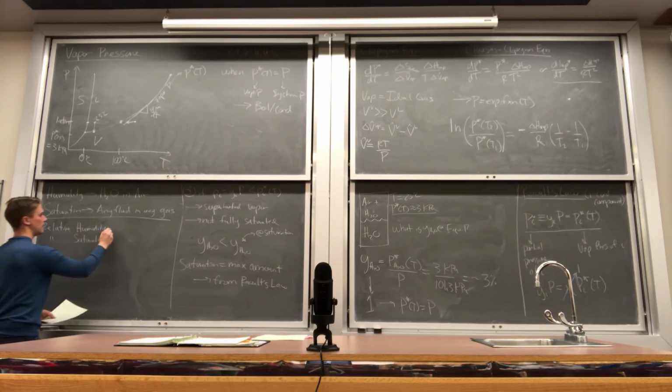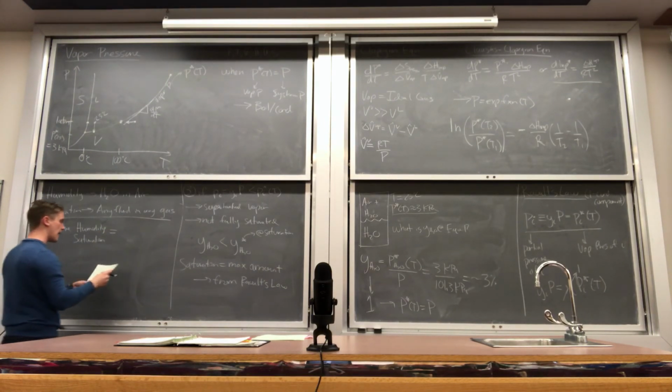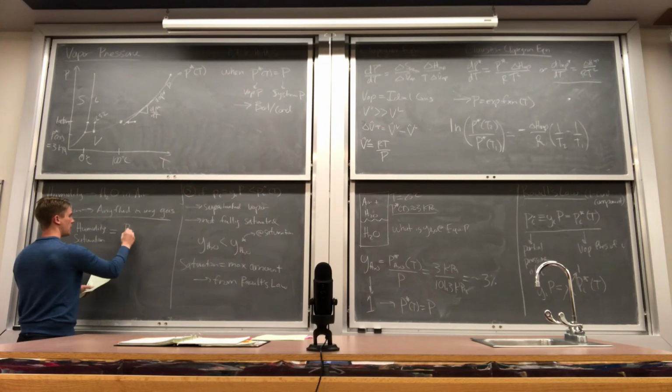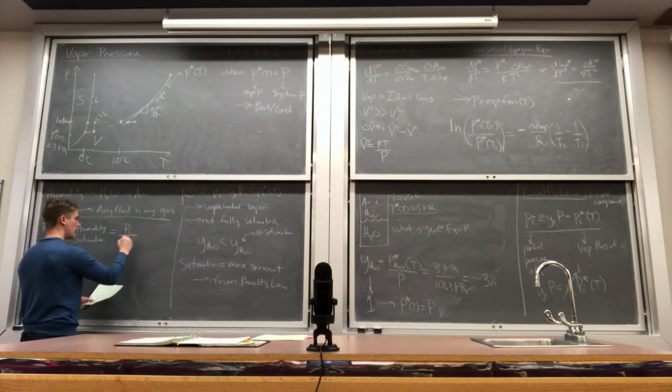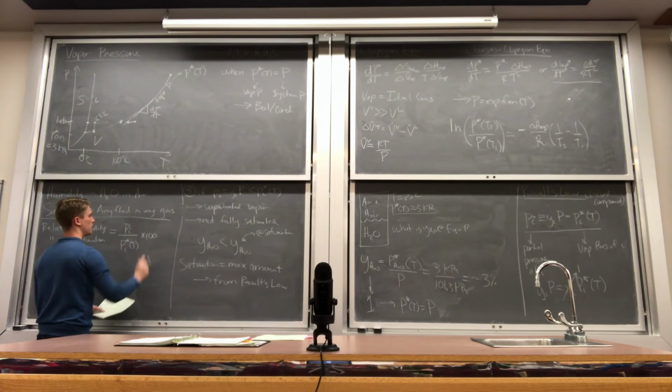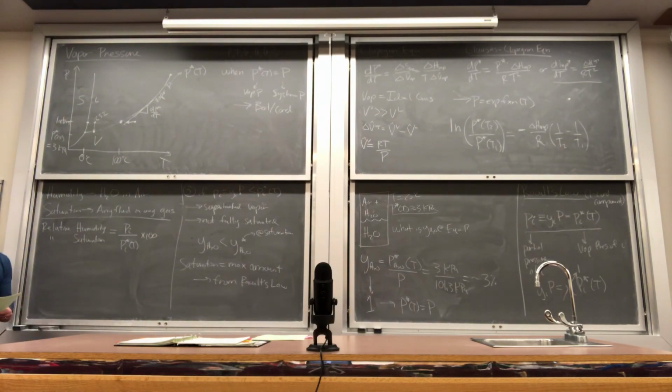Right, this is defined as P of i, the partial pressure of species i, divided by its vapor pressure at the same temperature times 100. So a 100% humid day corresponds to when the actual mole fraction of water is equal to its amount that would be predicted from Raoult's law.